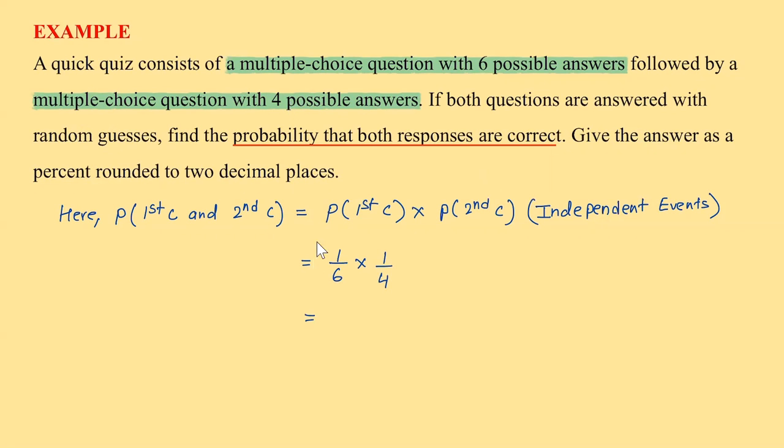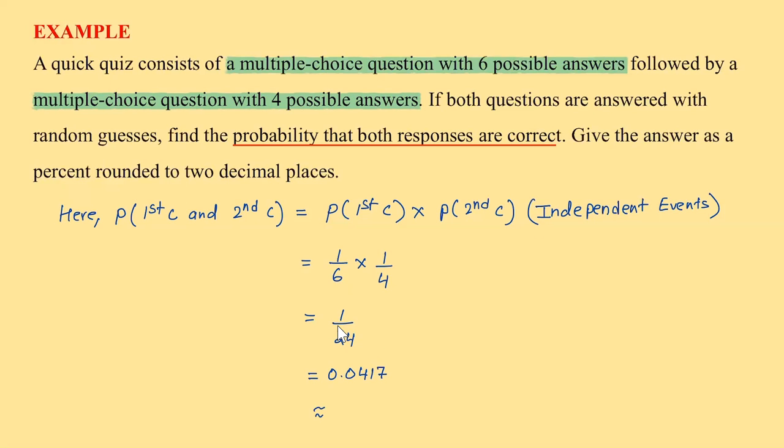Now, in order to simplify this, we are multiplying two fractions. So we multiply numerator with numerator, so 1 times 1 is 1, and denominator times denominator, which is 6 times 4, or 24. And if we simplify this, 1 divided by 24 is approximately 0.0417.